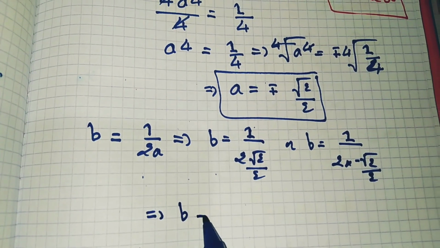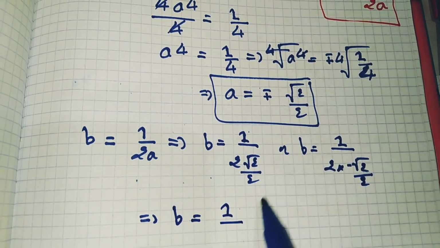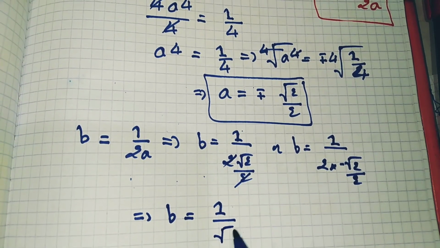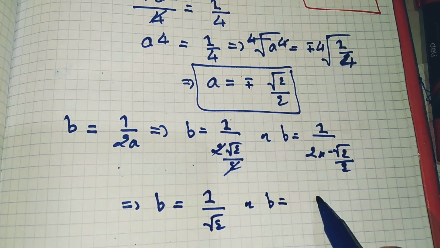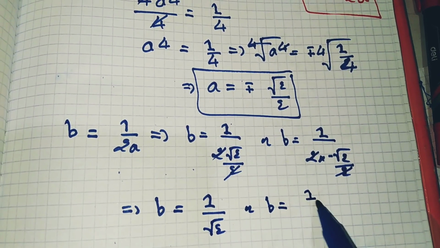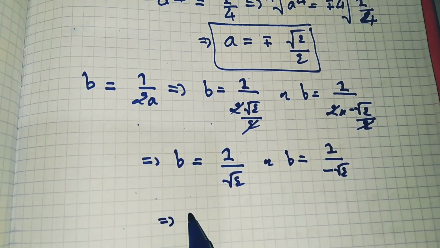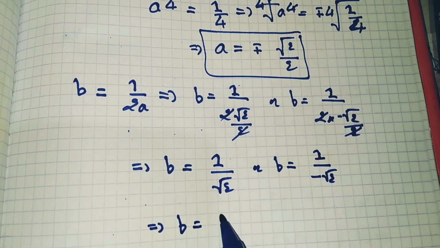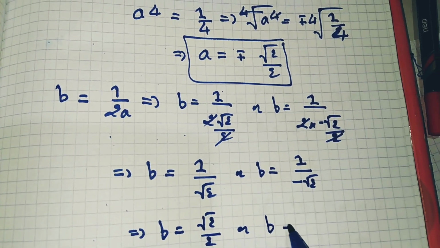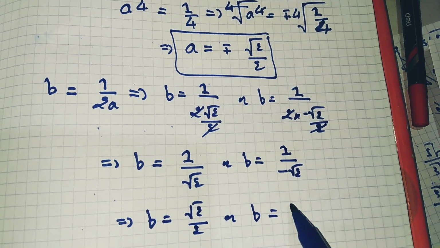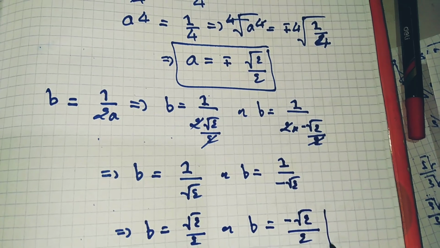We simplify: b is equal to 1 over square root 2, or b is equal to 1 over negative square root 2. So b is equal to square root 2 over 2, or b is equal to negative square root 2 over 2.